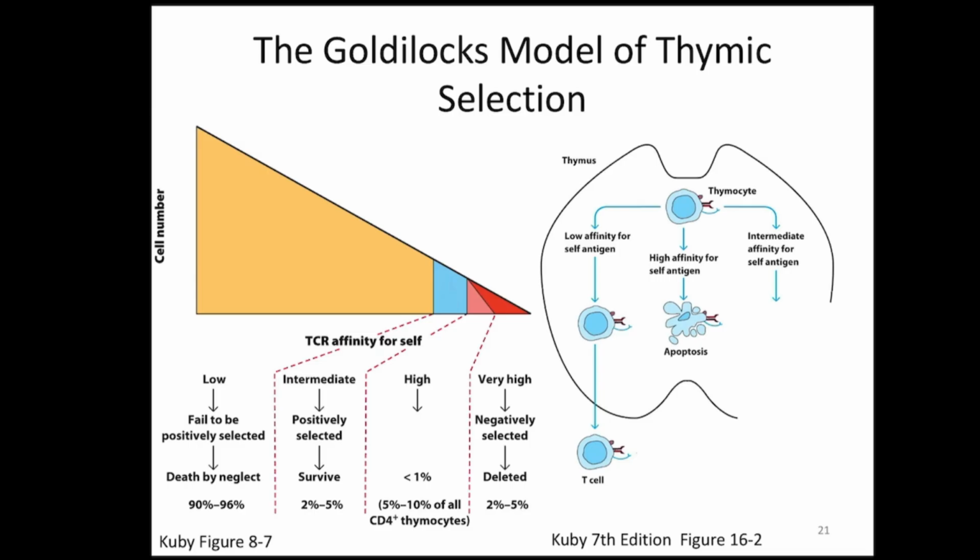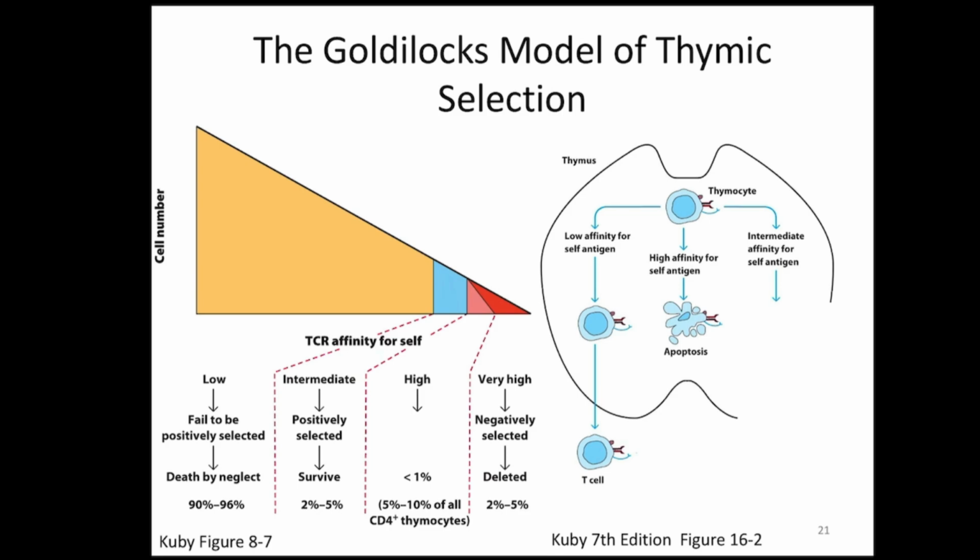So then we've got to think about these medium cells. Because this is called the Goldilocks model of thymus selection, these ones got too much signal, too much like Goldilocks. These ones got too little, not enough like Goldilocks. So we've also got this group in the middle who got just right signal, the intermediate amount.